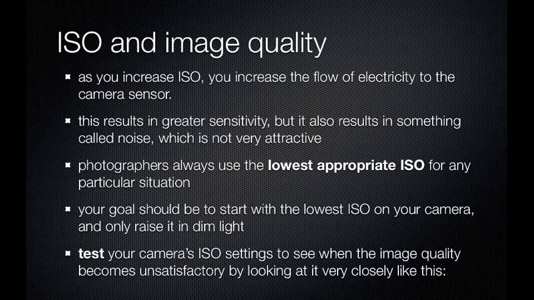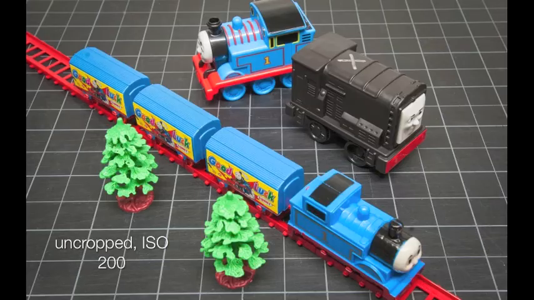And I really recommend that you test your camera's ISO settings to see when the image quality becomes unsatisfactory by looking at it very closely like this. Now in the first picture, this is the full photograph shot at ISO 200, which on my camera is the lowest possible ISO I can use, which results in the highest possible image quality.